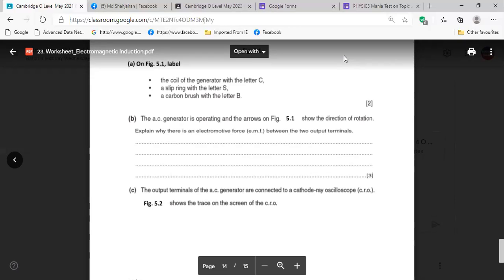We wrote it many times, right? Yes, sir. So what you wrote? Sir, should I type it down? Not necessary. You say. Okay, sir. The coil's motion is producing induced EMF, which is moving in one direction.